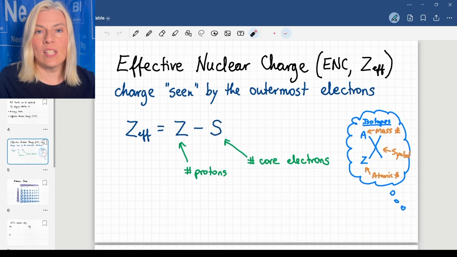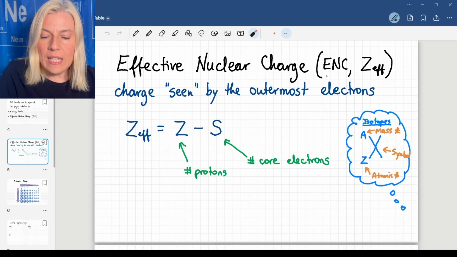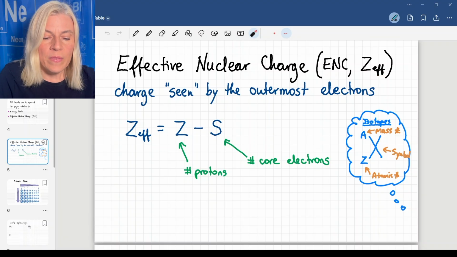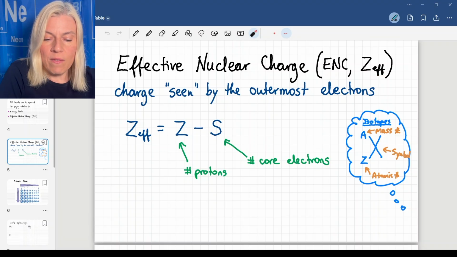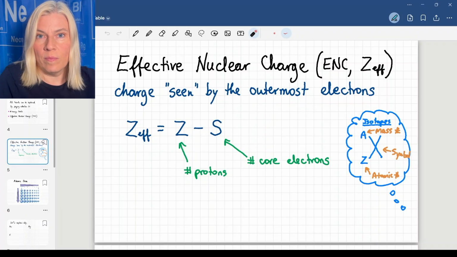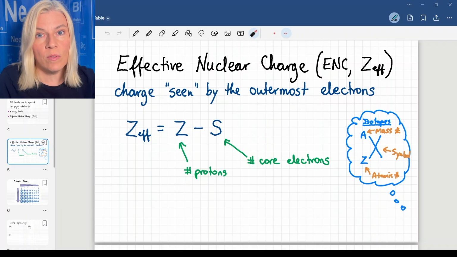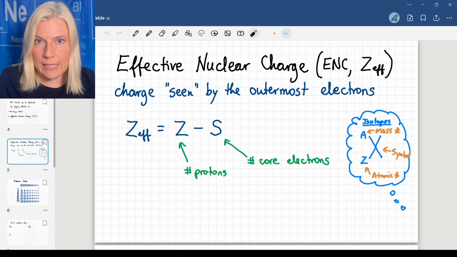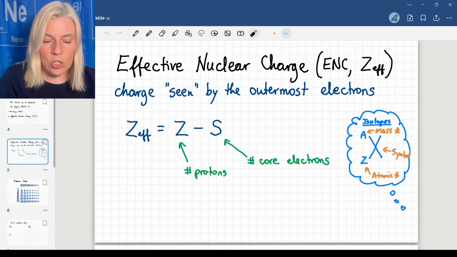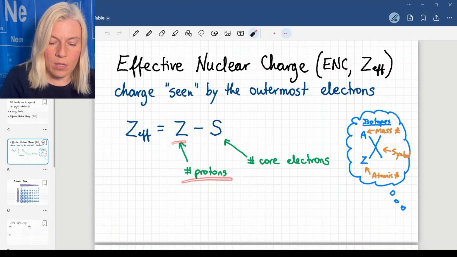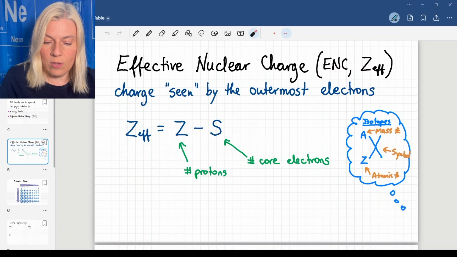What's the definition? Effective nuclear charge, ENC, or sometimes written in textbooks as Z effective, is the charge seen by the outermost electron. So the outermost electron is looking in to the nucleus. Remember, they are attracted to the nucleus. And the question is, how many protons does it see? So the equation is this way. Z effective is Z, which is your number of protons, minus your core electrons.